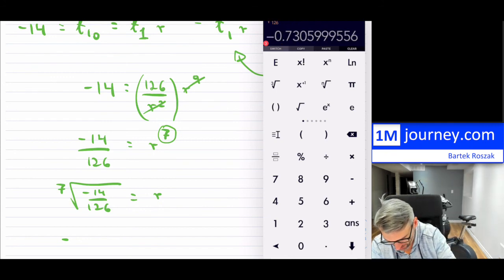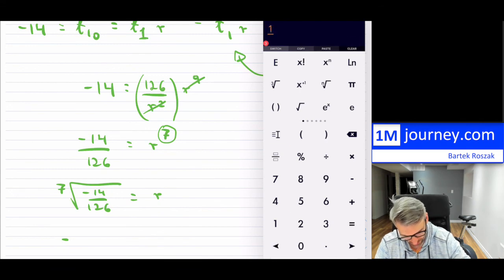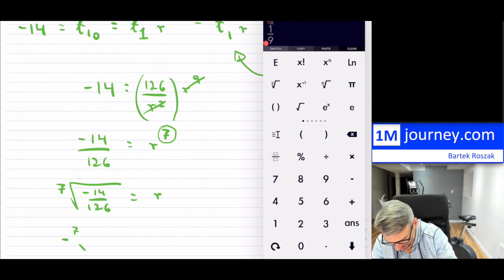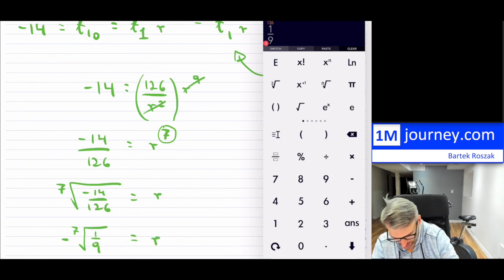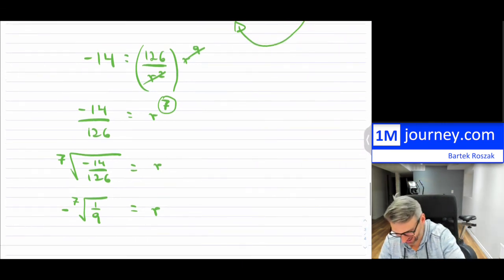Let me simplify this: 14 over 126 is just 1 over 9. So let's keep it like this: the 7th root of negative 1 over 9, that's my R. I'm not going to use those decimals because I don't want to write them down. So my R is this ugly number right here.